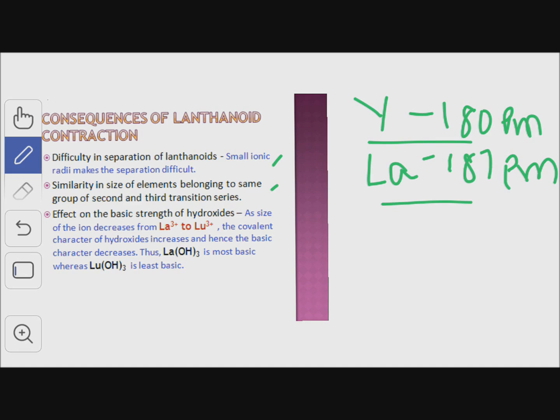Thus, lanthanum hydroxide is most basic, whereas lutetium hydroxide is least basic, because its tendency to lose electrons decreases and its tendency to share electrons increases.